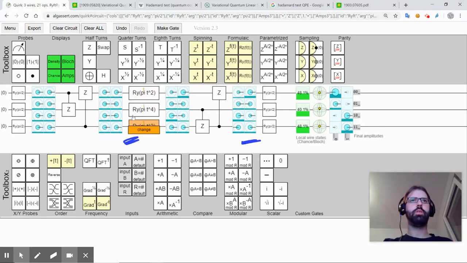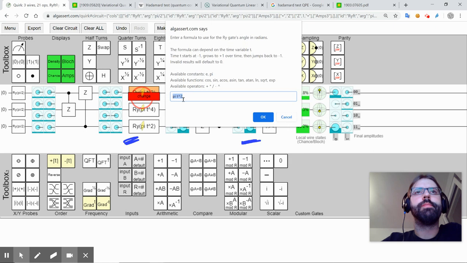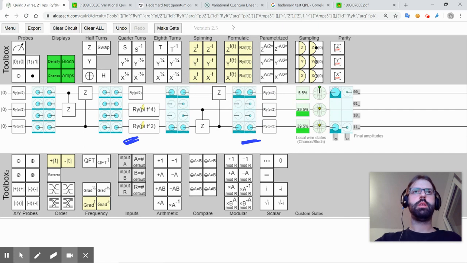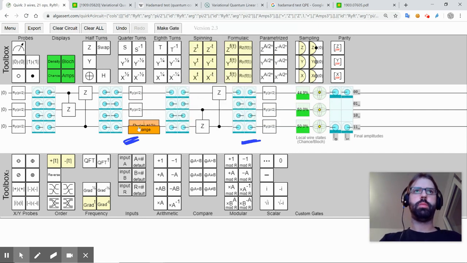It's just control what I have to apply. Okay. So let me go back to pi divided by 2, pi divided by 2.